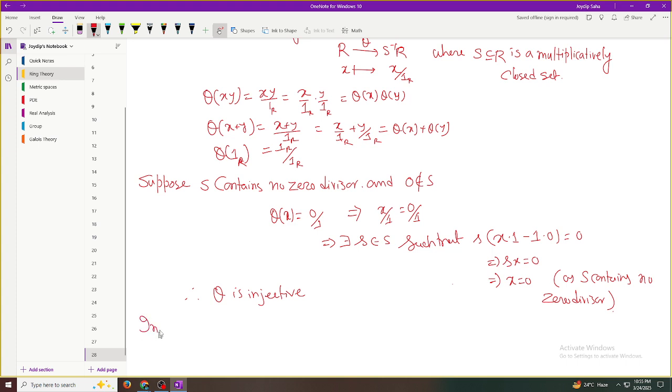In particular, if R is an integral domain, then theta is injective.